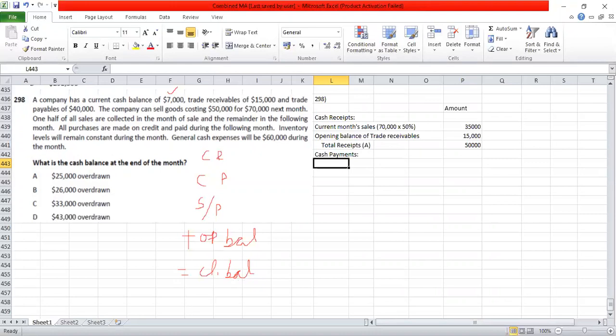The total amount is on credit basis. The entire credit due will be cleared in one go in the next month. So if we are to talk about the cash payment of this month, we have to look at the credit purchase that happened in the past month. The past month unsettled amount or unpaid amount is reflected by the trade payable. The cash payments, we see that opening balance of trade payables.